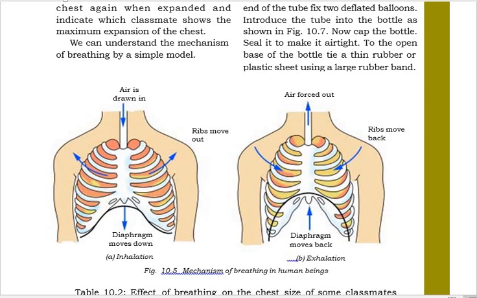So the chest cavity increases and more air enters into the lungs and the lungs become bigger in size, just like a balloon. And during exhalation, in the second figure, you can see the diaphragm comes towards its original position and the ribs move inwards as well as downwards. So it also comes towards its original position. So the size of the cavity reduces. So with the pressure, the air will be exhaled out.